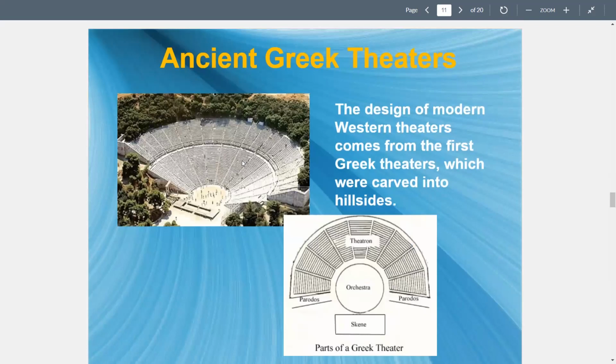So this is what the ancient Greek theaters would look like. We do have some examples of them as well as some drawings of them. They were often carved into the hillsides, and you can see they were very large so that they could accommodate a lot of people. There's also a lot of structures associated with the theater that were outside.